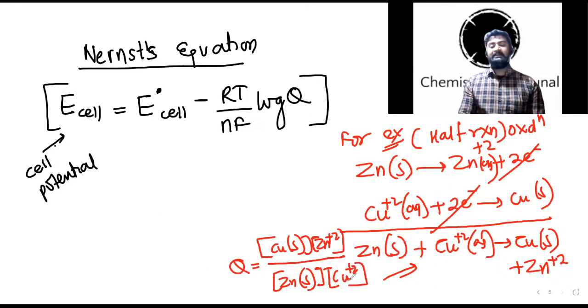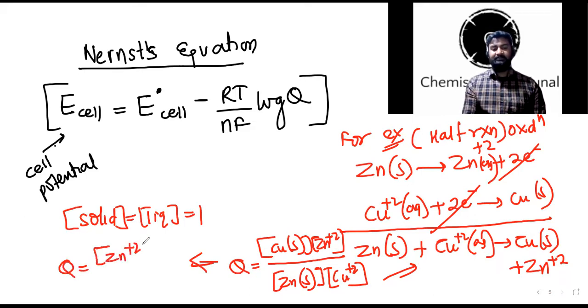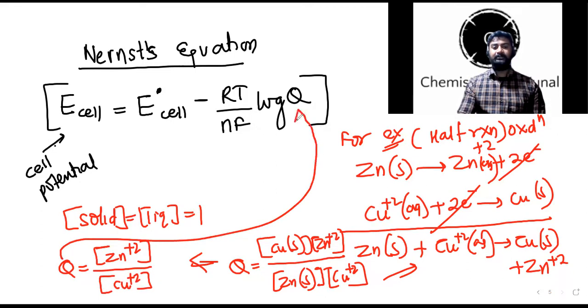Now, in class 11th, you also learned that activity of solids, meaning concentration of solid and concentration of liquid, is always taken as 1. So Q will become zinc 2 plus ion concentration aqueous divided by copper 2 plus ion concentration. So this is Q that we have to put here.